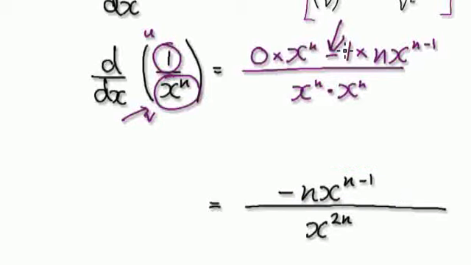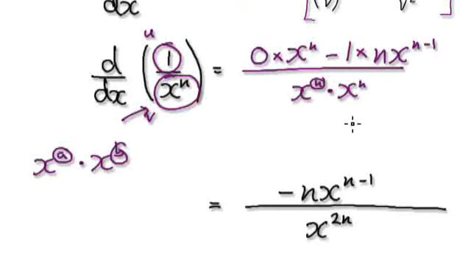So this minus here is this minus here, and this bit here is this bit here. And when you have x to the power of n times x to the power of n, remember from our knowledge of indices, if you have this here, then you add a and b. So when you have n add n, that will give you this 2n.